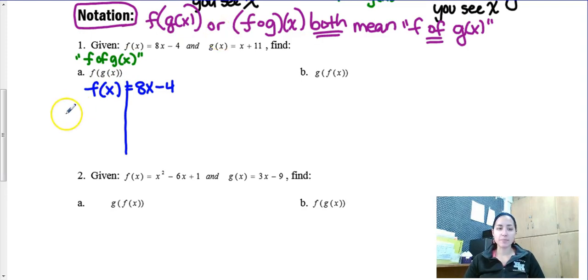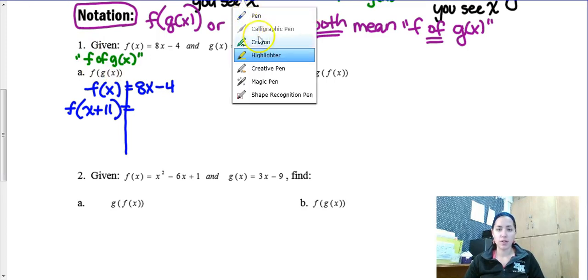To help us with that, use this left side here to keep track of your notation. So f of x is now going to become f of g. G is x plus 11. So g of x is what I'm supposed to be plugging in.